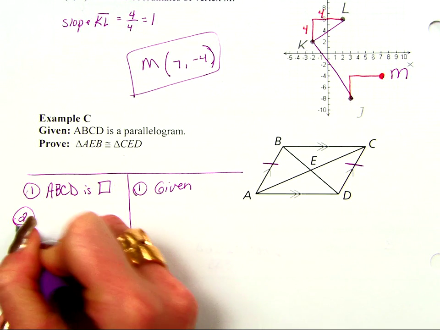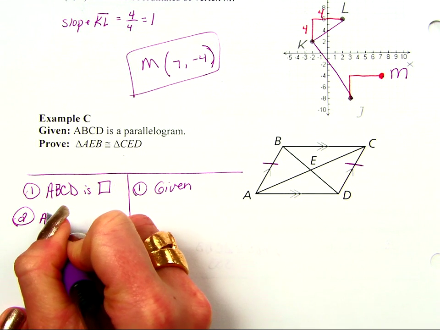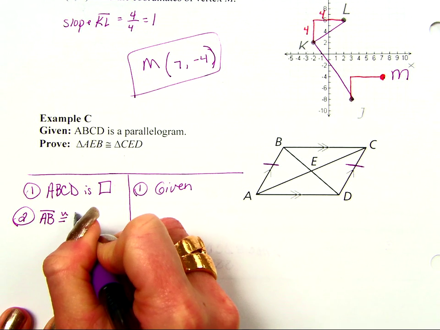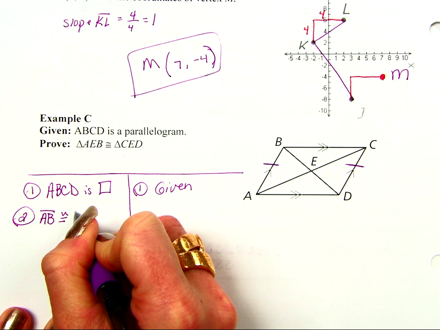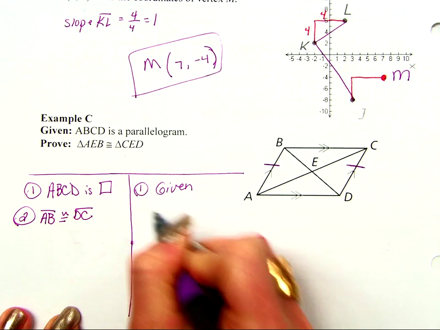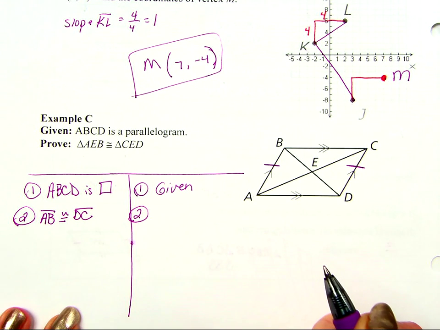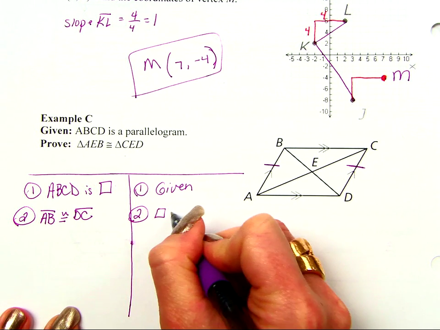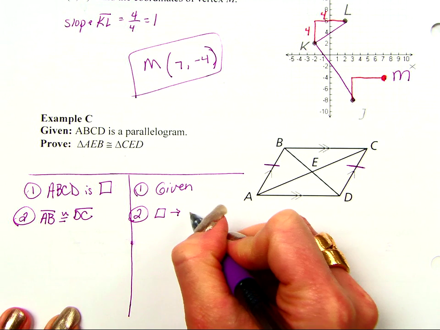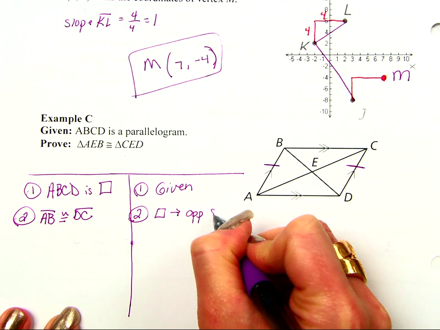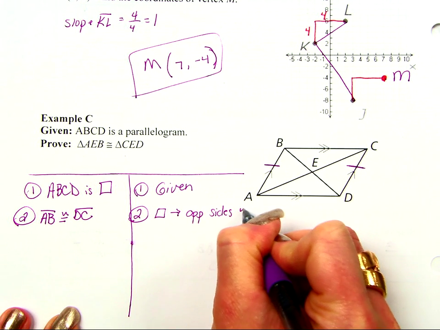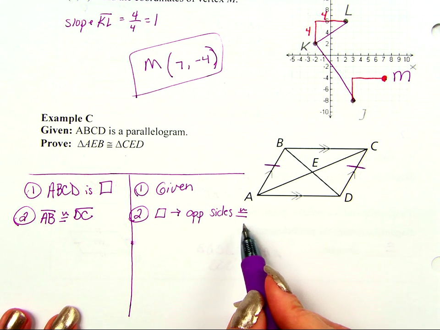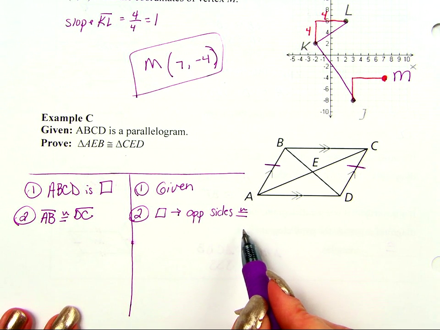Those are the parts of the two sides that have something to do with my triangles. So I'm going to say AB must be congruent to DC. This is how they would write their reasoning in the textbook. They're going to say, if parallelogram, then opposite sides are congruent. Now, it doesn't have to look exactly like that, but that's one way to shorthand it.